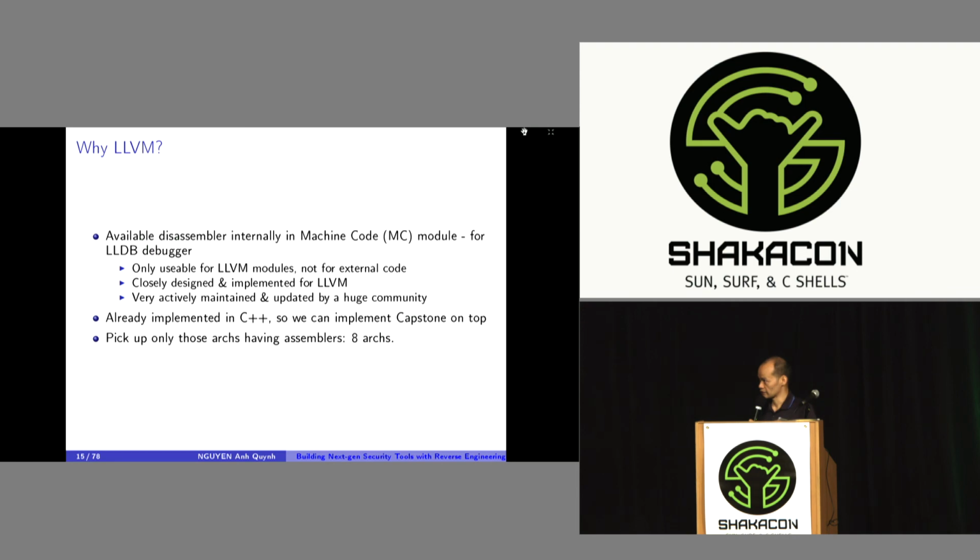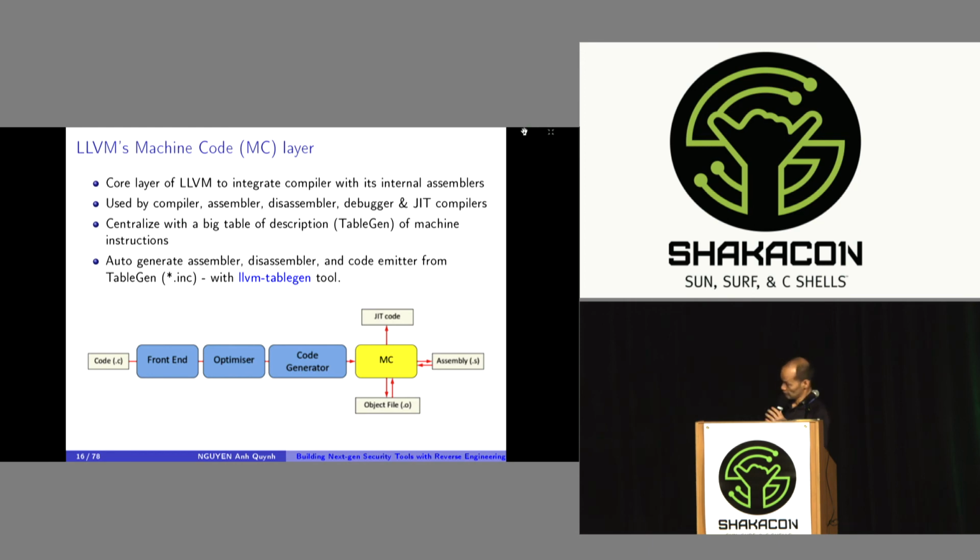The reason I chose LLVM is that LLVM already has a disassembler inside. Inside LLVM, there's one core component named MC, which has all the important parts of LLVM built around it. That is the compiler, assembler, disassembler, debugger, and just-in-time compiler built around MC.